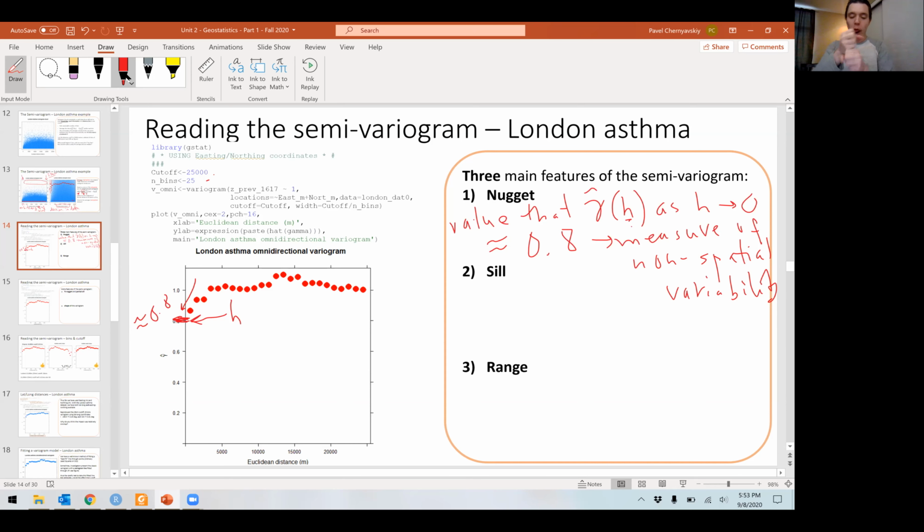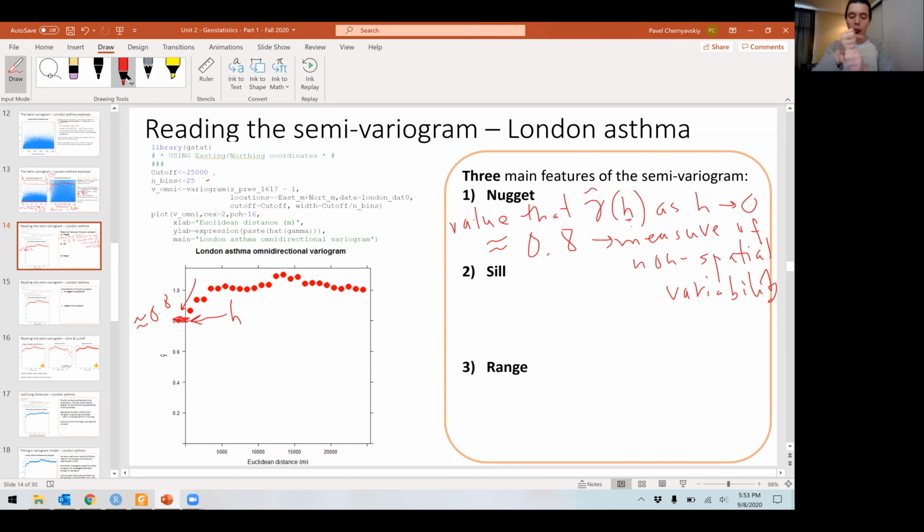It's the distance at which the variogram attains its sill. And here it's, call it about 4 kilometers.